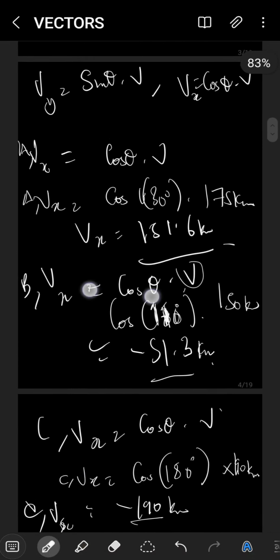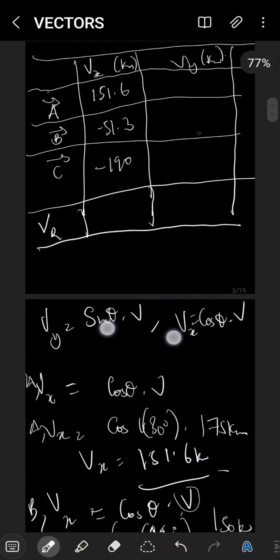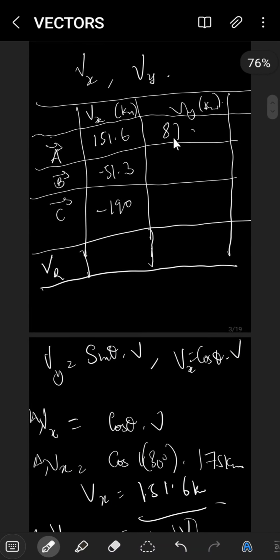So in our table we have 87.5, right? Then here you have 141, right? Then here we have 0. Okay, all right, then we can add all these to get our resultant vector component x, and we can add all these to get our sum, our resultant vector component y.